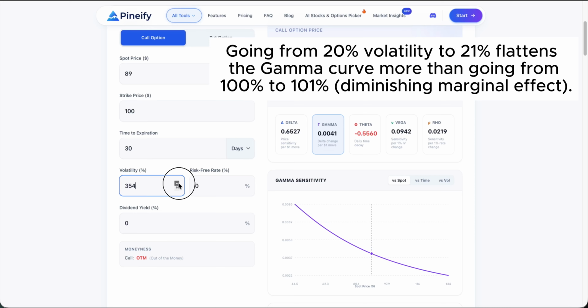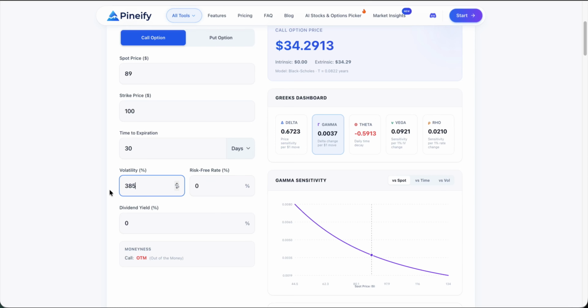At this point in time, it doesn't become any flatter than this, simply because the increment of 1% no longer makes a difference, and so this is where we basically stand when it comes to the differences between the volatility and the relationship that the volatility of the Vega plays in the gamma.